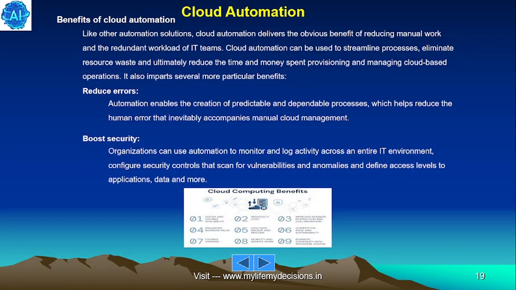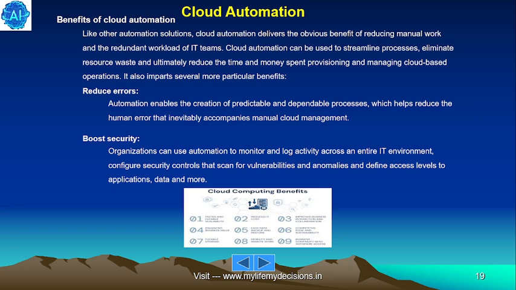Benefits of cloud automation. Like other automation solutions, cloud automation delivers the obvious benefits of reducing manual work and the redundant workload of IT teams. Cloud automation can be used to streamline processes, eliminate resource waste, and ultimately reduce the time and money spent provisioning and managing cloud based operations.